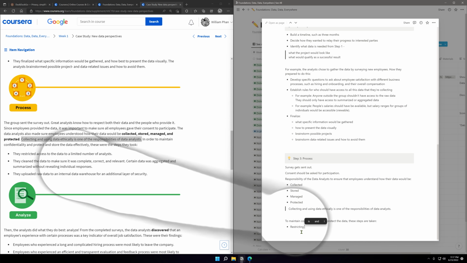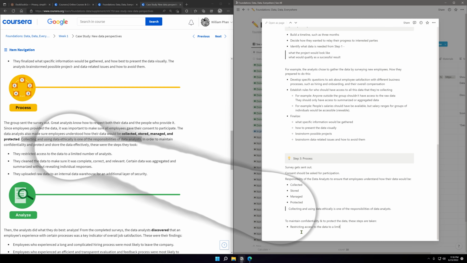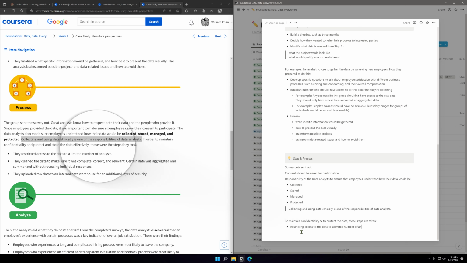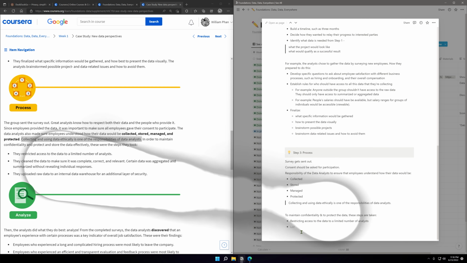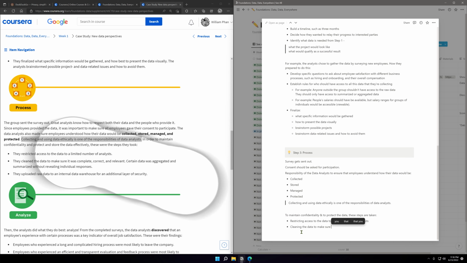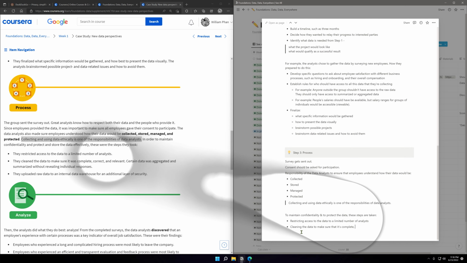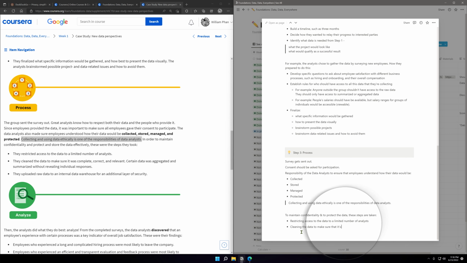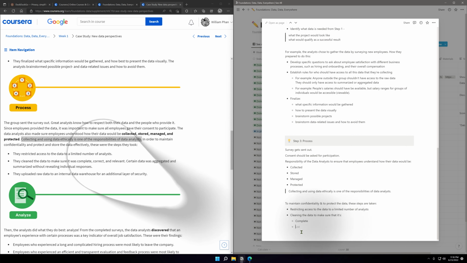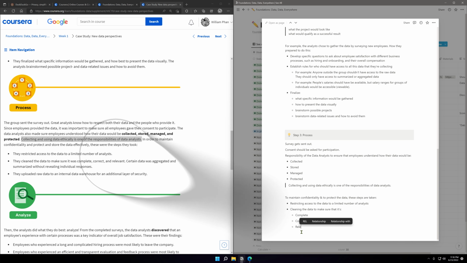Restricting access to the data to a limited number of analysts. Clean the data to make sure that it's complete, correct, and relevant.